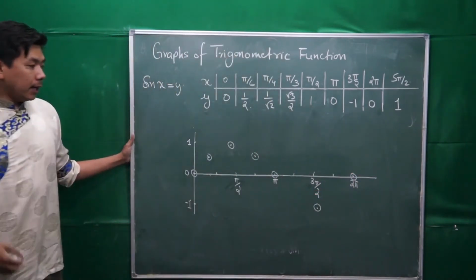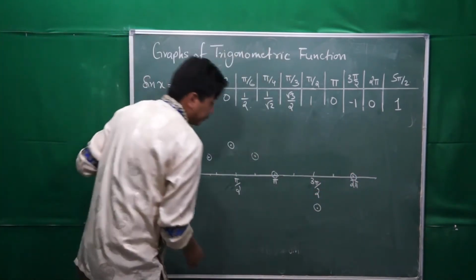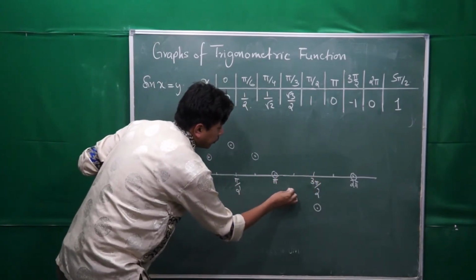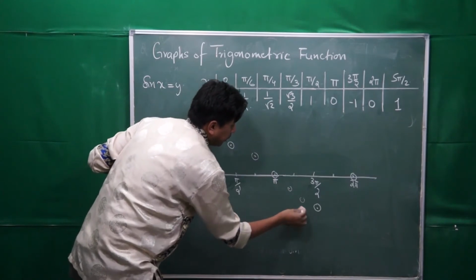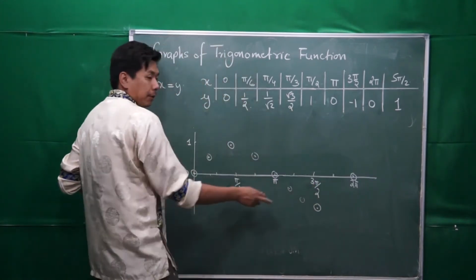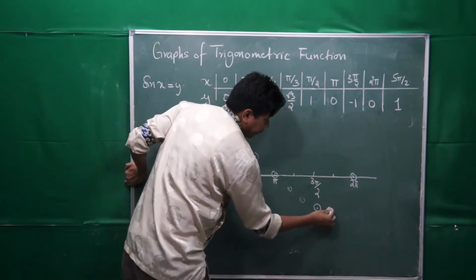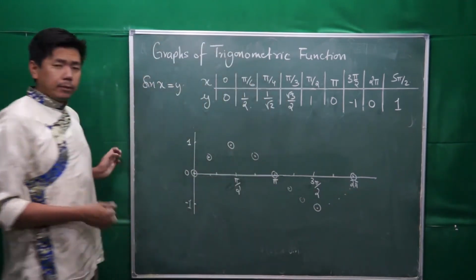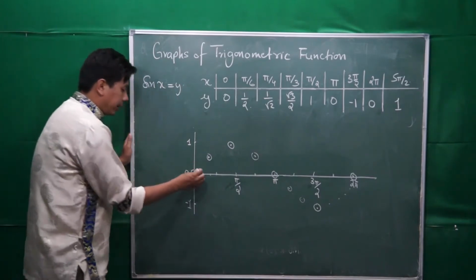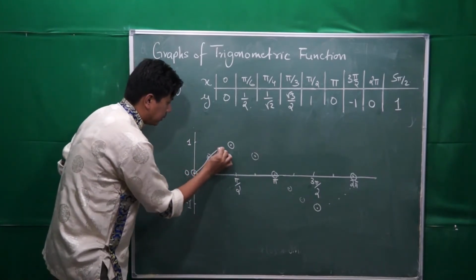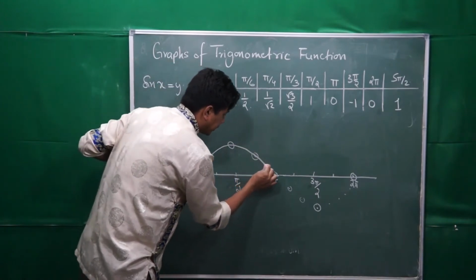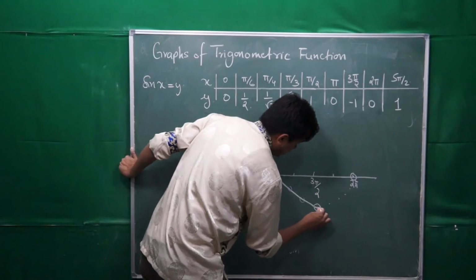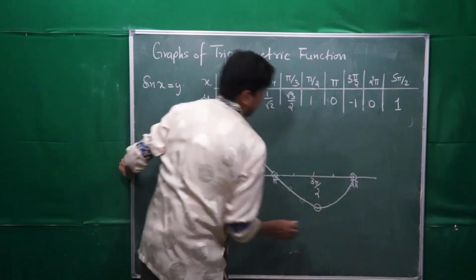As we construct, we come to know that for certain angles between pi and 3 pi by 2, the coordinates would be somewhere around here. And the same thing over here, between 3 pi by 2 and 2 pi, we have coordinates around here, increasing. Clear? Now if you join all the coordinates, what we are going to get is a shape in this way.